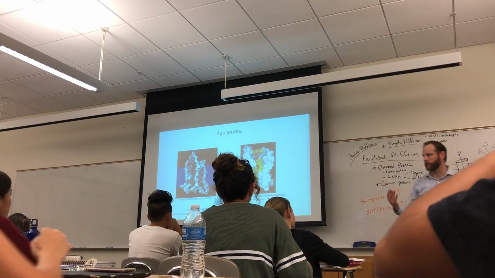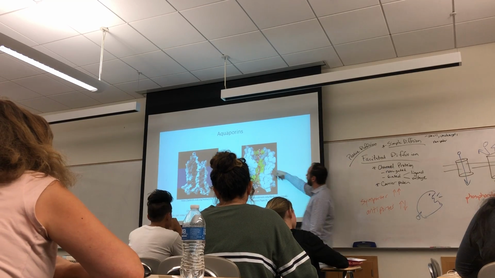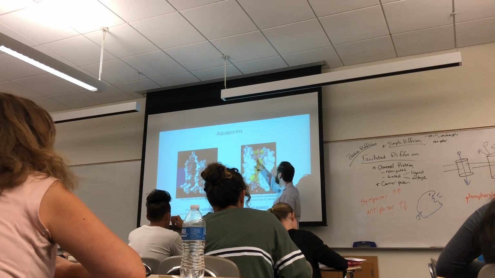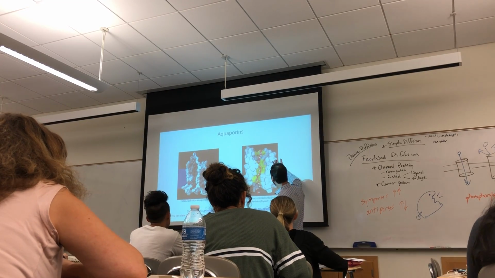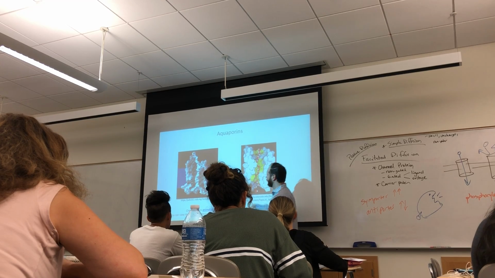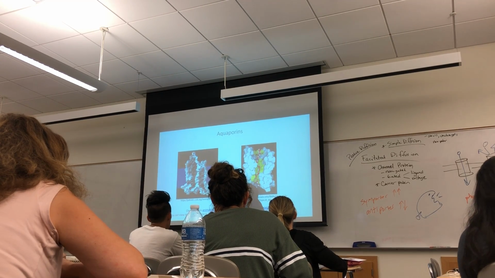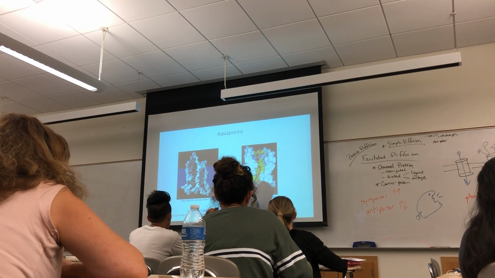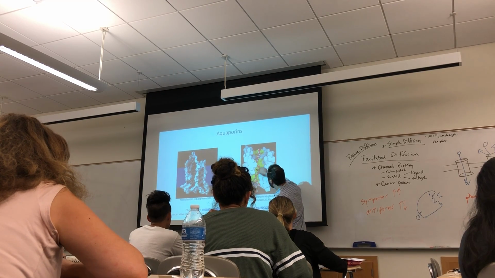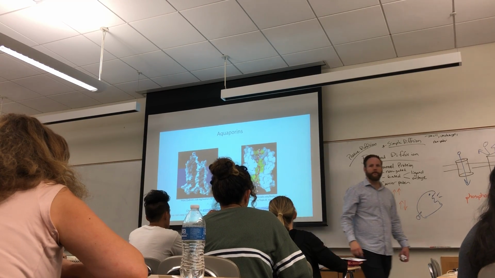Give me a property that you might expect if water is going to move through here. Hydrophilic. What about the surface over here? Hydrophobic, right? This blue line represents the membrane. So all the residues here that interact with the membrane should be hydrophobic. But the residues on the inside here are going to be hydrophilic.